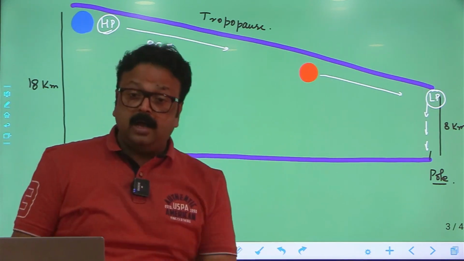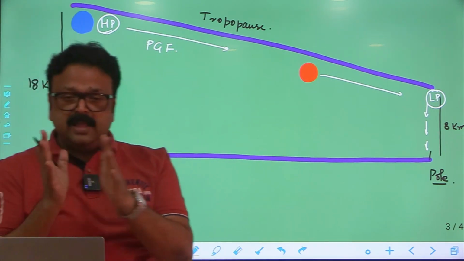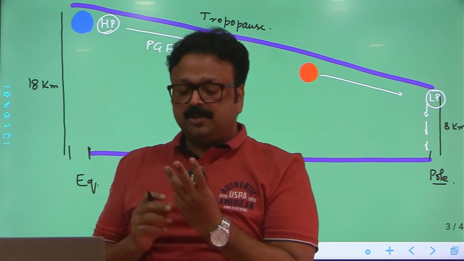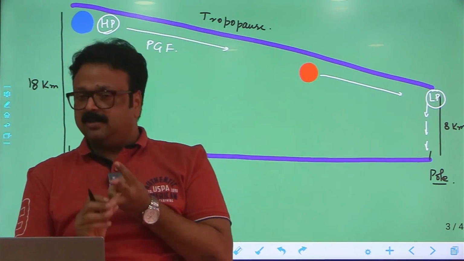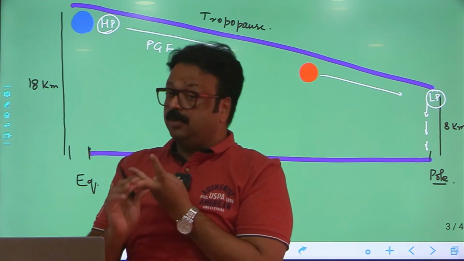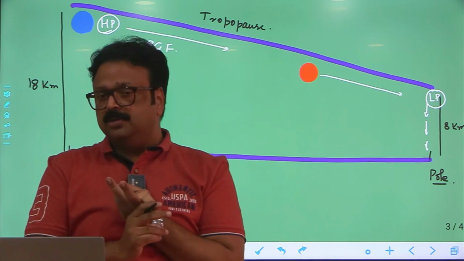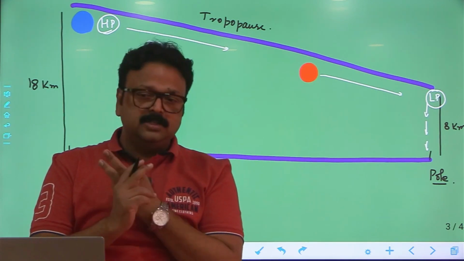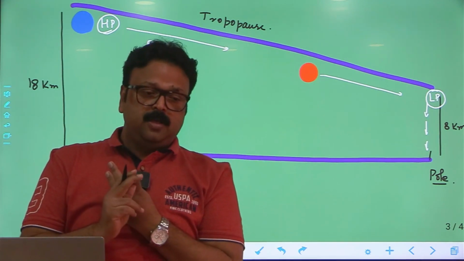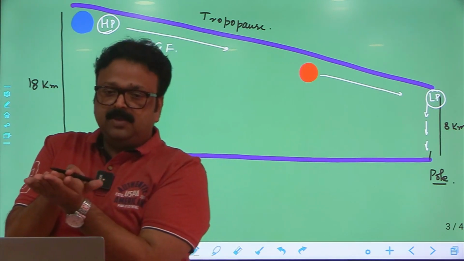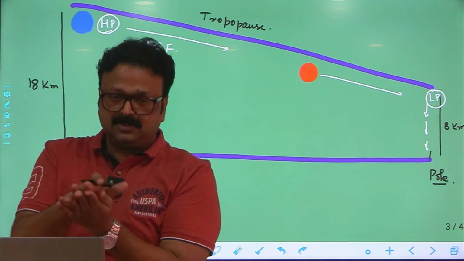In the upper atmosphere, one force is lagging, that is frictional force. There are three forces: one is PGF, pressure gradient force, another is Coriolis force, and the third force responsible for the movement of a wind or wind system is frictional force. Frictional force is simple, the friction between the wind and the surface.